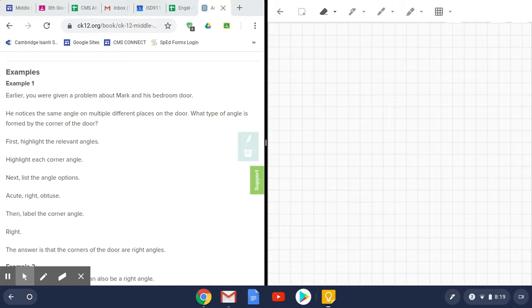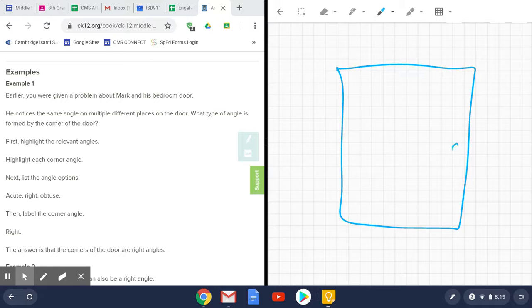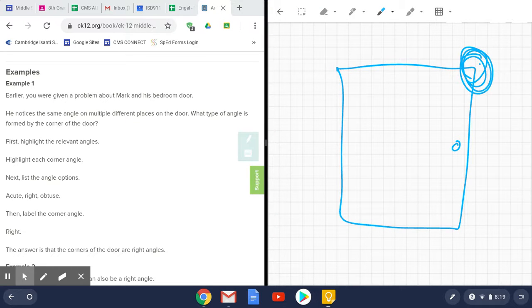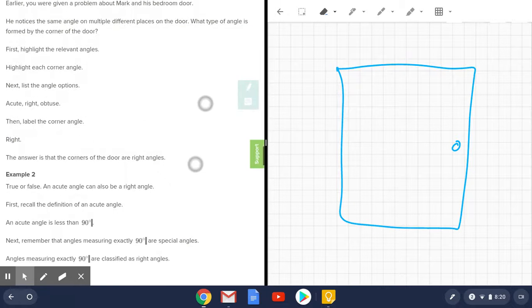So if I'm making a door, here's my door. You have the knob. What type of angle is right here? It's a right angle, right? Look at your door right now. Unless you have a curved door, you should see 4 right angles on your door. The 4 corners of your door.